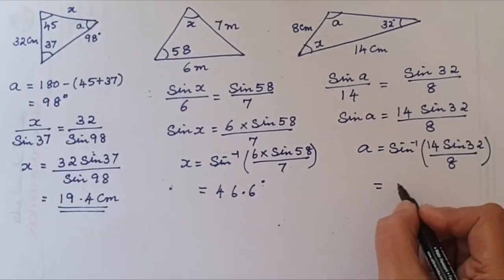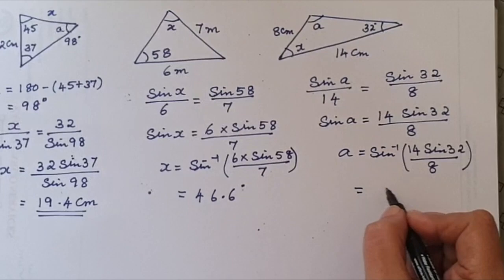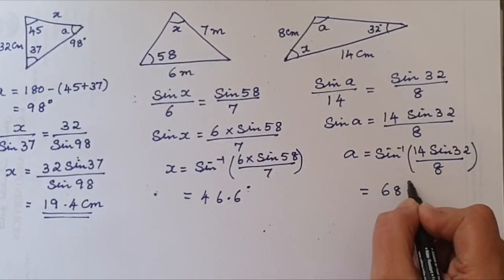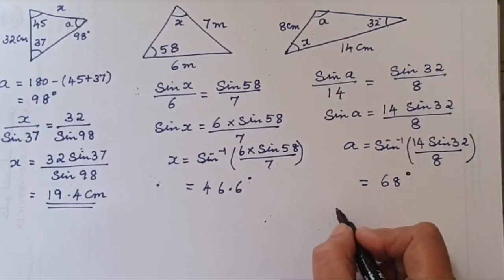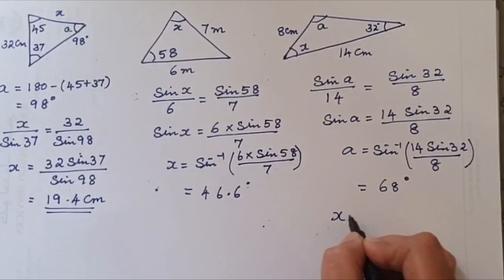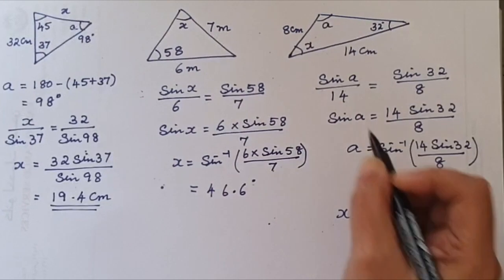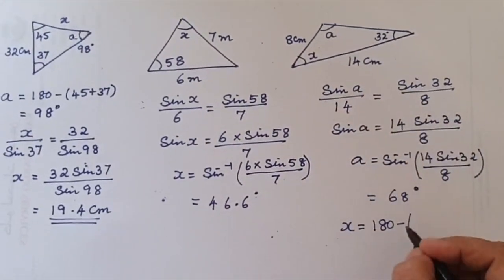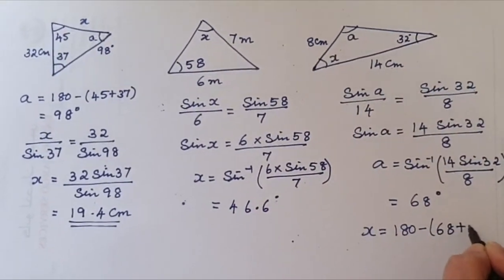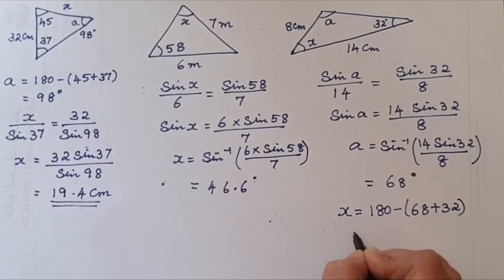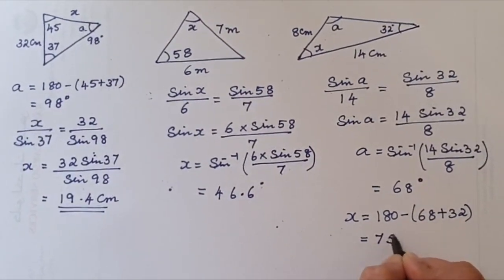That gives us the answer as 68 degrees. So now to find the value for x, x will be equal to 180 minus this angle, which is 68, and this angle, which is 32. 68 plus 32, which will give us the answer as 75 degrees.